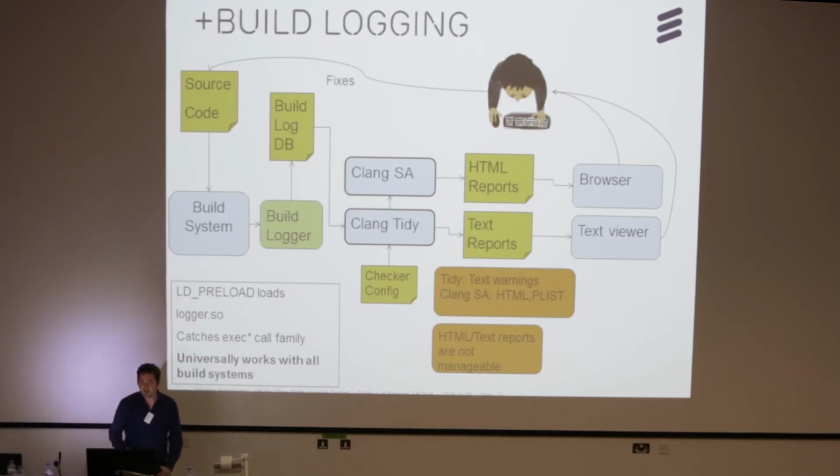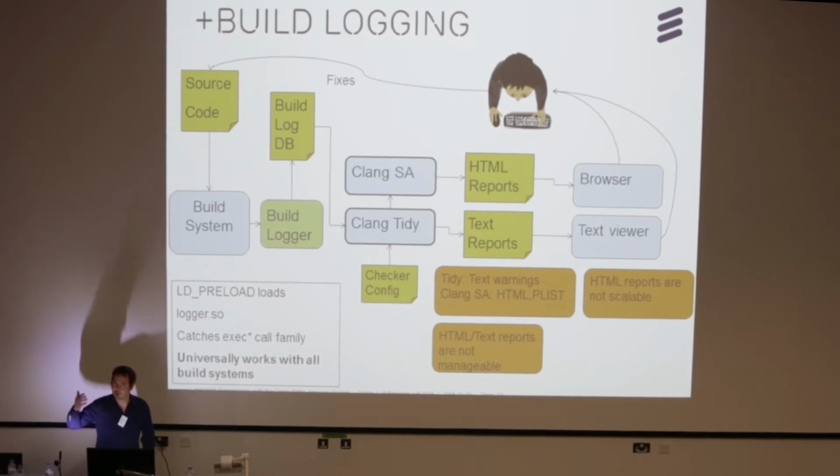This meant that the report size was multiple times the original code size. It was many gigabytes, so it was not manageable. Also, you cannot really search in them. If you want to order them by priority or by module or anything like that, it's not possible.